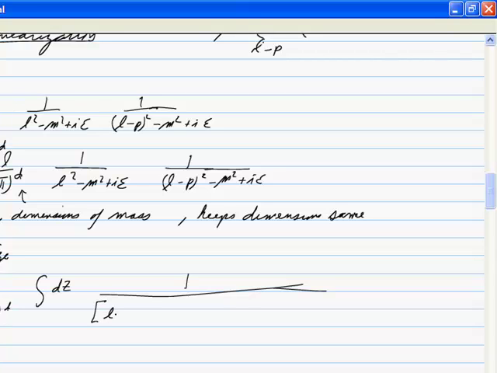I get (L minus P) squared minus M squared, times z, plus L squared minus M squared, times 1 minus z, and this thing raised to the square power down.